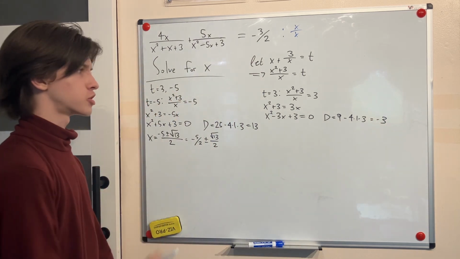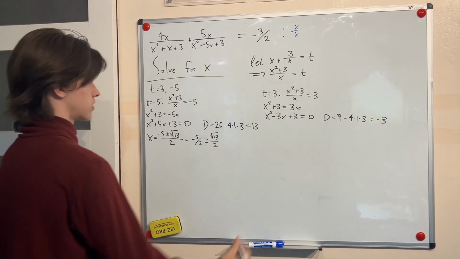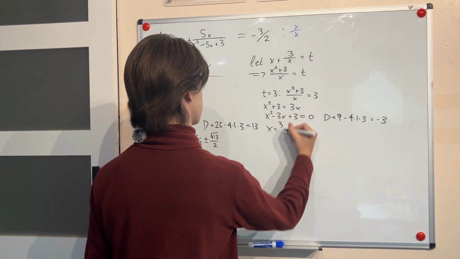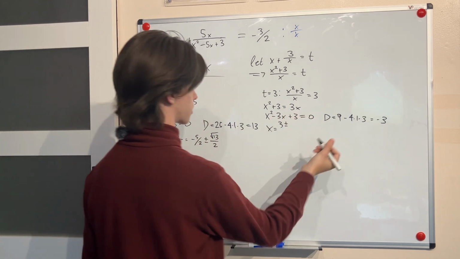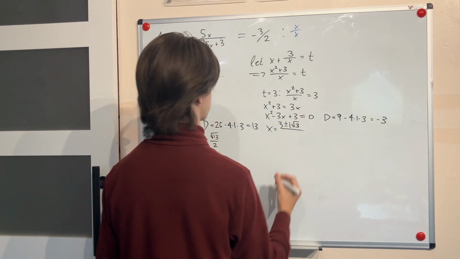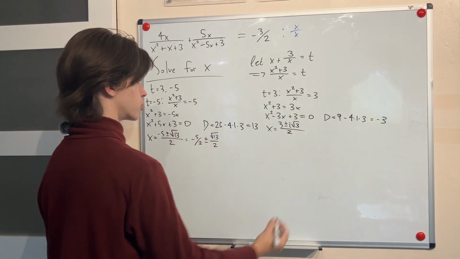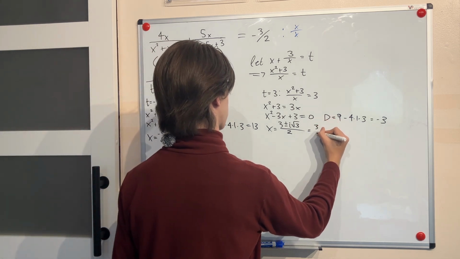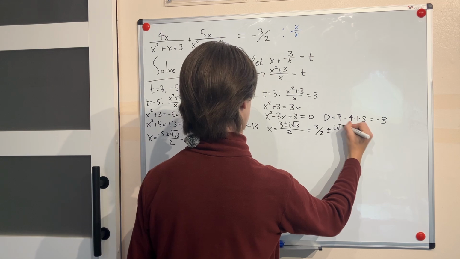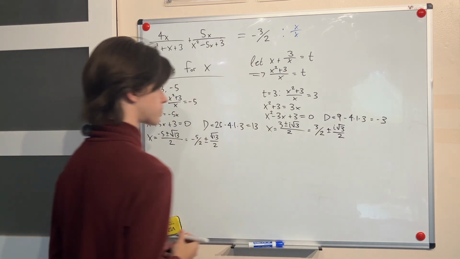So these are actually going to be our complex solutions to the equation, which will be minus b plus or minus the square root of minus 3, which is just i root 3, the imaginary unit, over 2, which is the real part, 3 halves, plus or minus the imaginary part, i root 3 over 2.